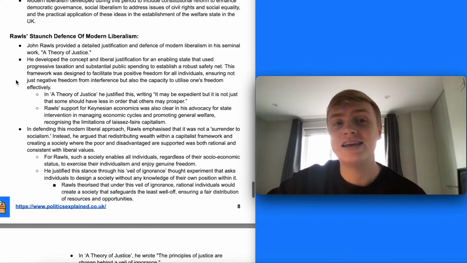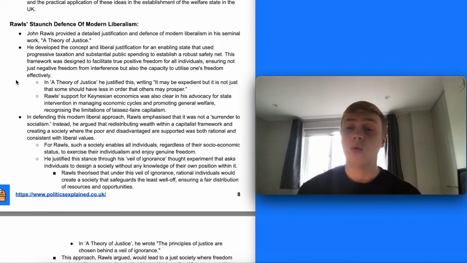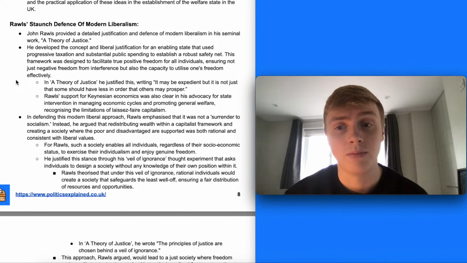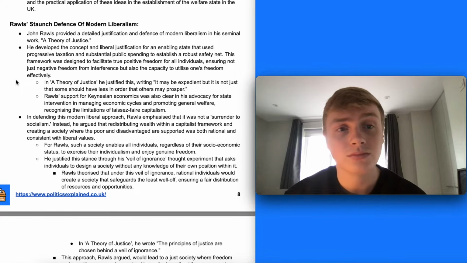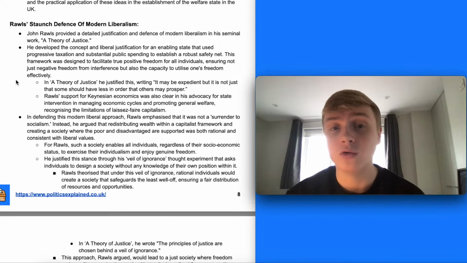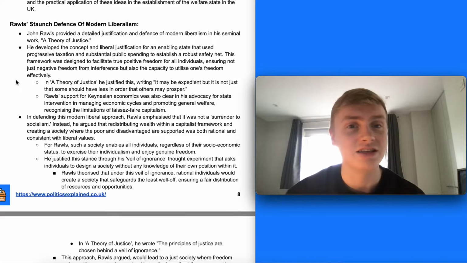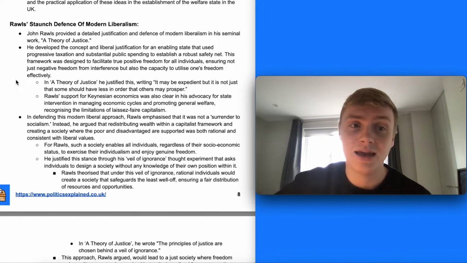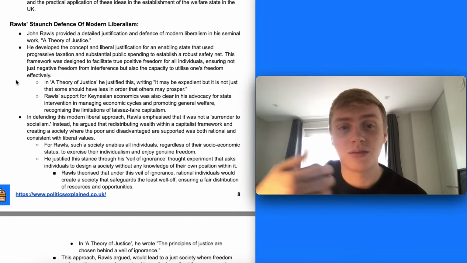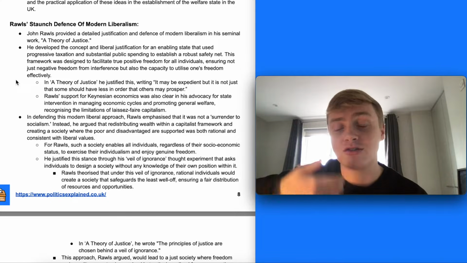So Rawls was really key, arguably the most important thinker in relation to modern liberalism, and he provided a detailed justification and defence of it in A Theory of Justice. And he effectively developed the concept and liberal justification for what he called, actually I don't know if he specifically called it himself, but what we can refer to as an enabling state that used progressive taxation and substantial public spending to establish a robust safety net.